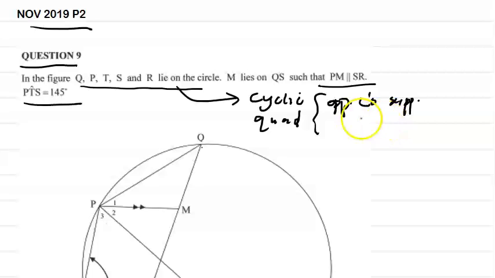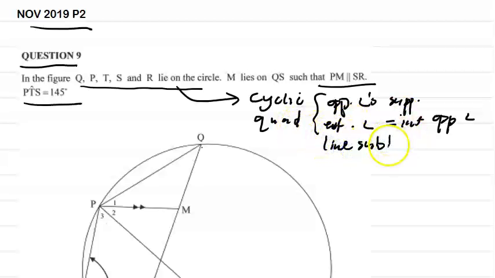Opposite angles are supplementary, which means they add up to 180 degrees. The exterior angle is equal to the interior opposite angle. And also, when it comes to cyclic quadrilaterals, you need to know that any line in a cyclic quad subtends equal angles, or you can say angles in the same segment.